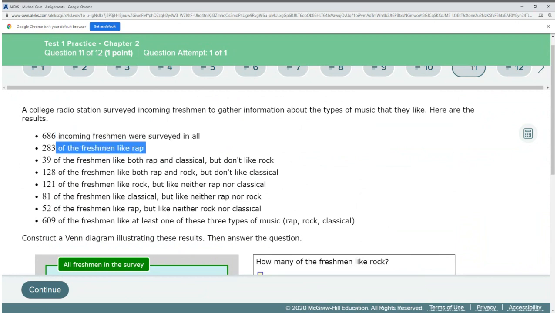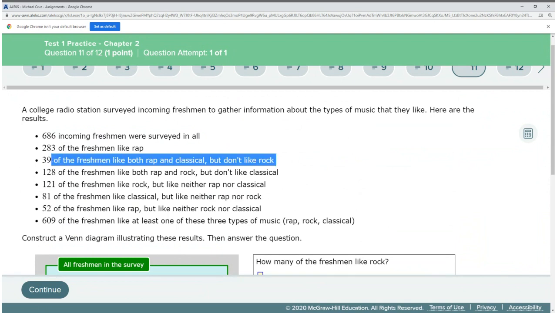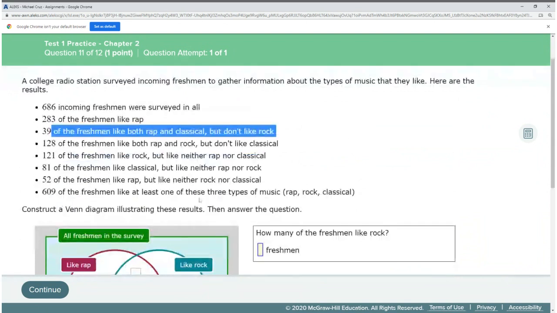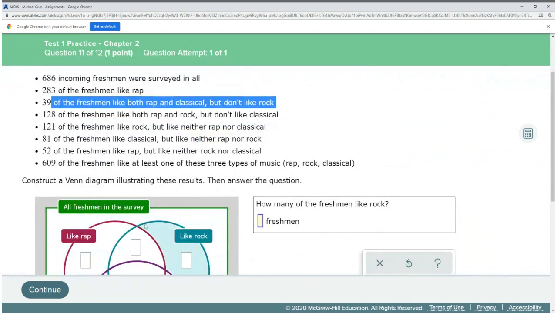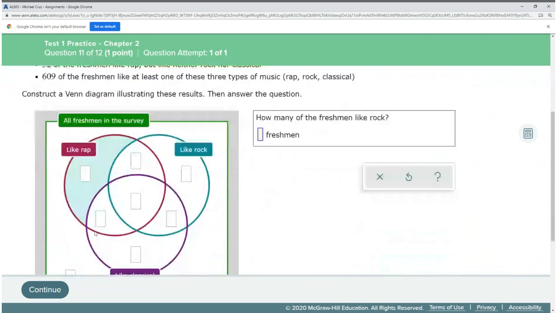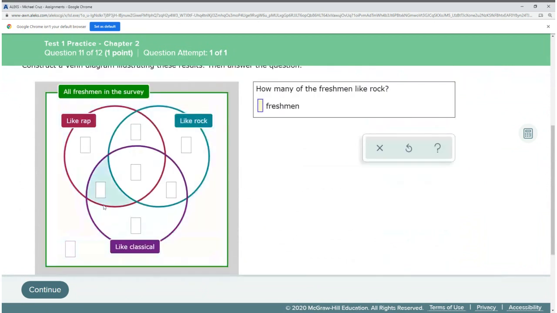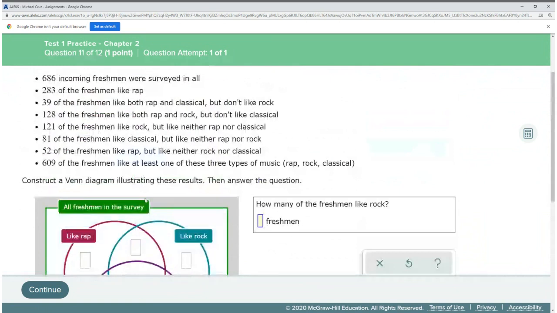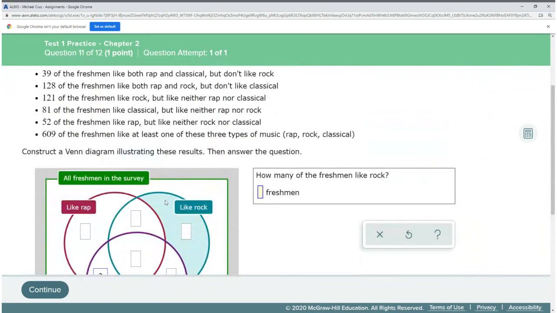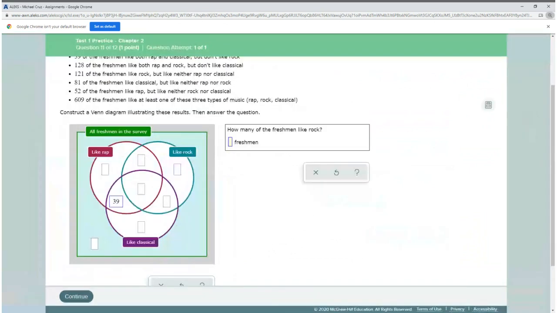So rap and classical, but not rock. We can't really use that one yet. But look here, 39 like both rap and classical, but not rock. Okay, do y'all agree with that? So we can scratch that 39 off.